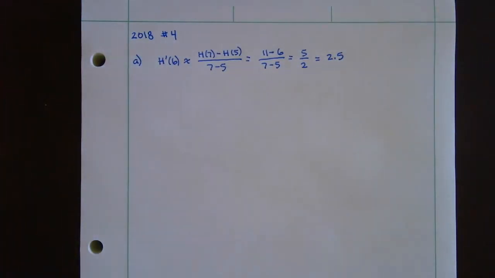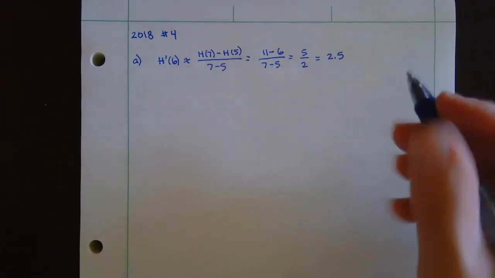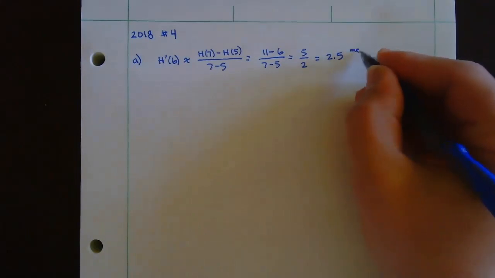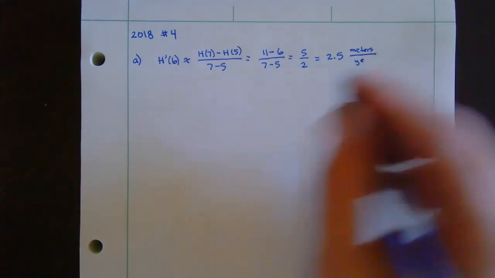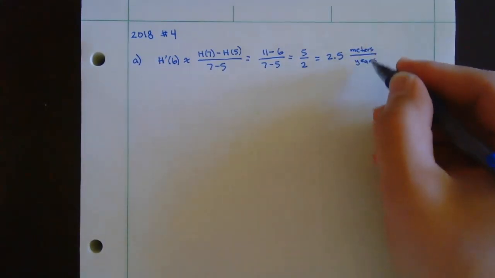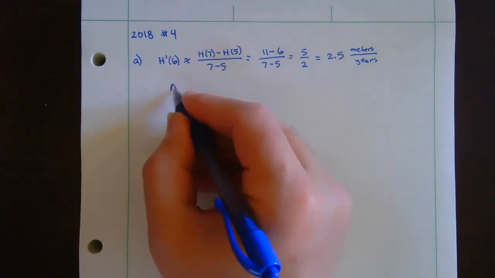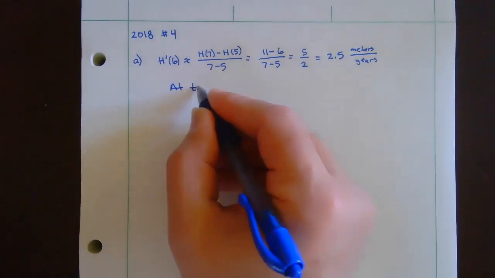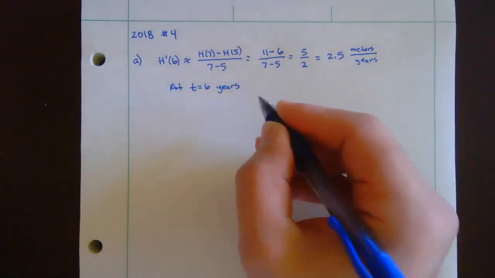All right, now for the interpretation part, okay? So what does this mean, okay? What are the units on this, okay? So what are the H units? It's meters. So this is meters per, and the 7 and the 5 are years. So this is 2.5 meters per year, okay? So the correct interpretation of this would be at t equals 6 years, okay?